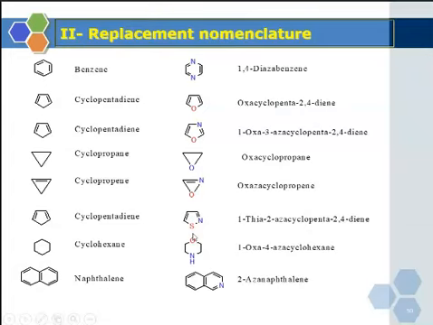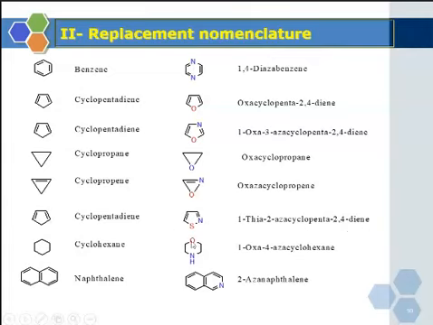Priority wise, sulfur is given higher priority as compared to nitrogen. Hence, position number 1 is given to thia or sulfur. The name of the structure is 1-thia, 2-aza, cyclopenta, 2,4-diene.